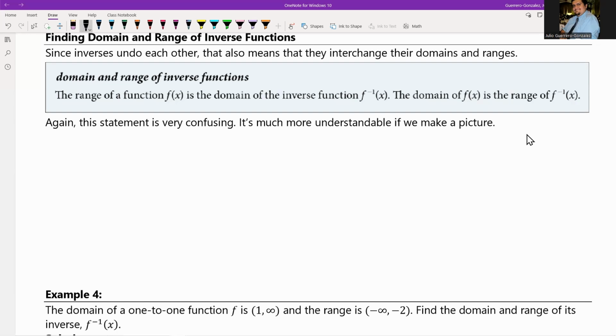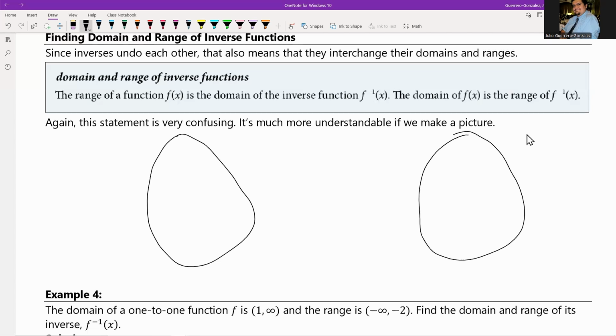So let's go back to my blobs. I'm going to draw two blobs. Over here, this is what we're going to call the domain of f. So we should be able to grab a point from here. Here's my point right here, x.